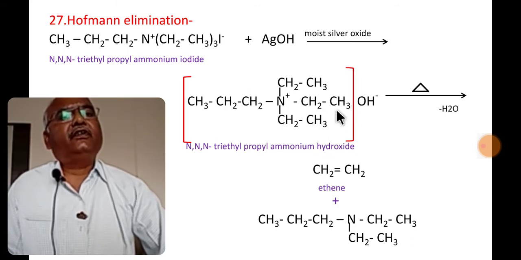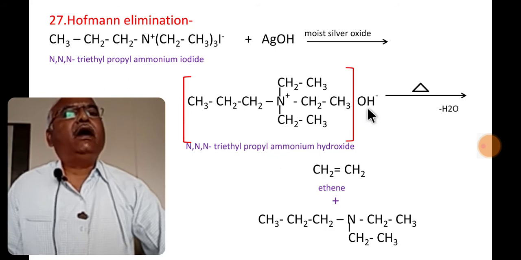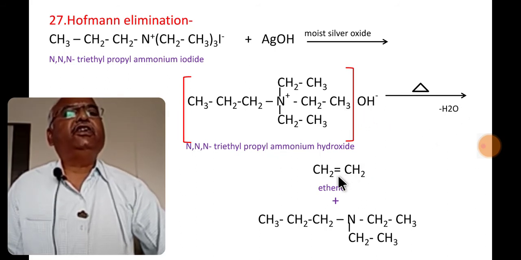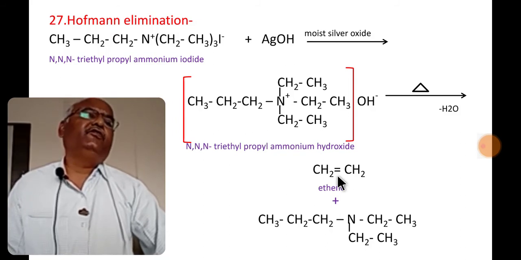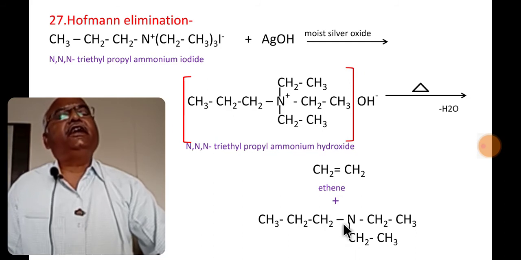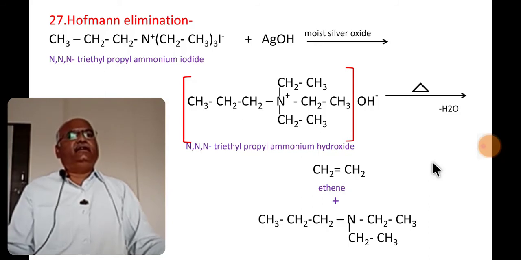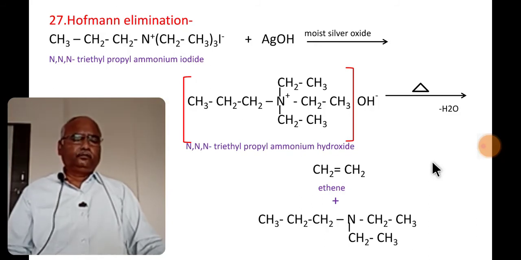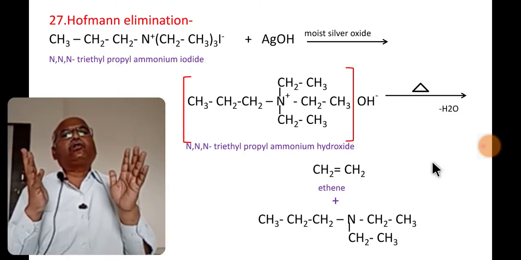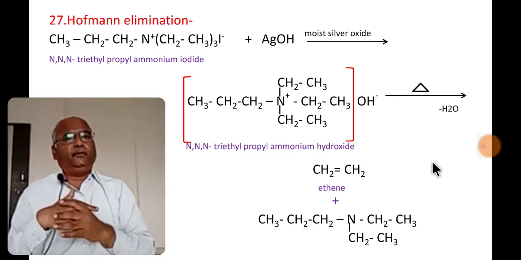From this CH2CH3, one hydrogen combines with OH minus and water is produced, and ethylene or ethene is the main product, and tertiary amine is produced. In this Hofmann elimination, the elimination takes place contrary or opposite to Saytzeff's rule.